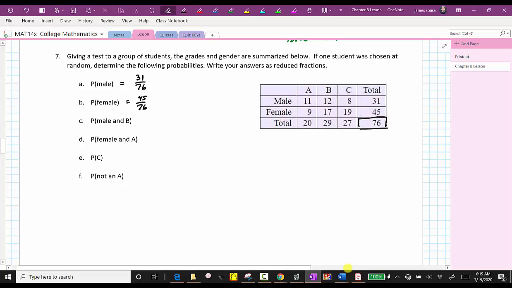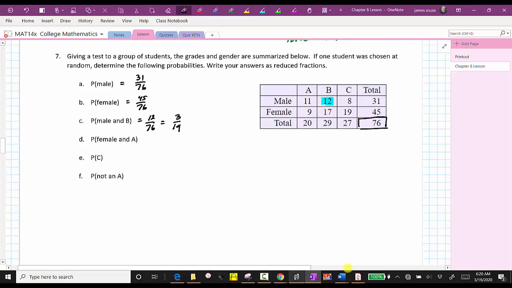Next, we want the probability of selecting one student, and the student is male and has a B. So of the males, notice how 12 of the males have a B, and therefore the probability of selecting one student that is a male and has a B is 12 out of 76, or 12/76, which does simplify to 3/19.